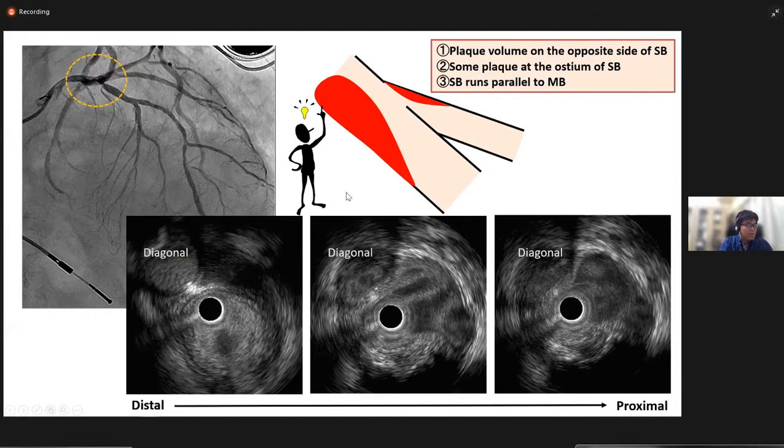In particular, the angle between the main branch and side branch is so sharp in this case, because we can see both the main branch and diagonal branch in some cross-section images. So it means the side branch runs parallel to the main branch. This is a key point to predict the risk of side branch occlusion according to the IVUS finding.